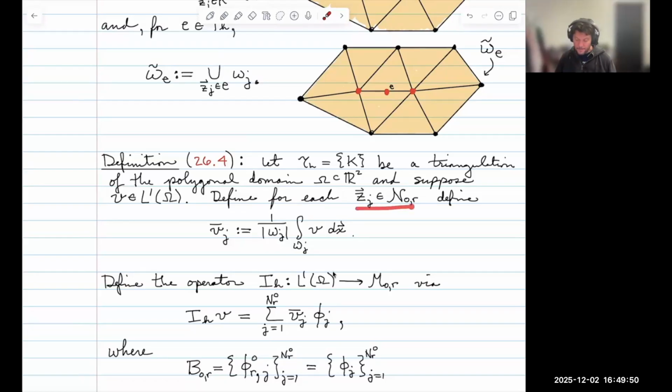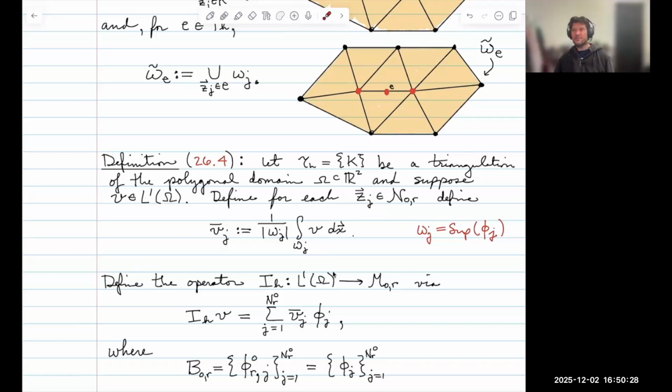Remember we have the support of the associated basis function phi j, which is omega j, nothing more than the support of phi j. I'm going to call this object v j bar.